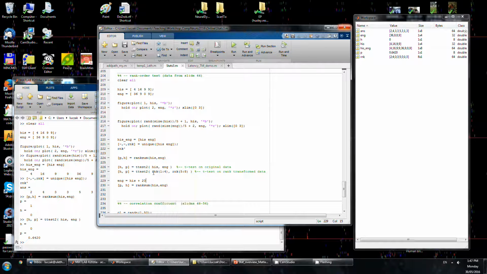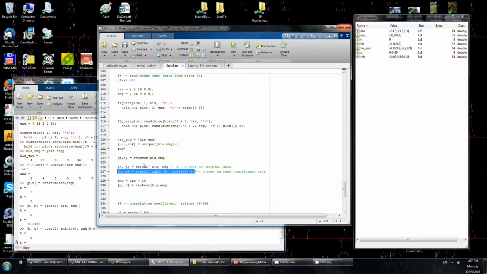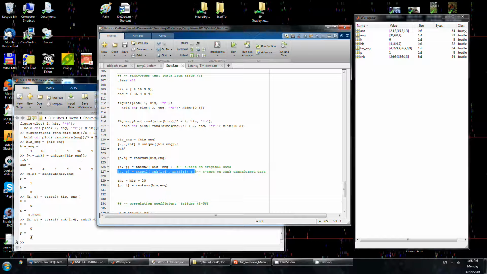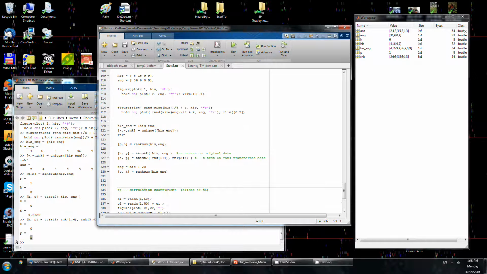So we converted these scores to ranks, and we take the first 4 values and compare them to the last 4 ranks, and we again get p equal to 1, not statistically significant.